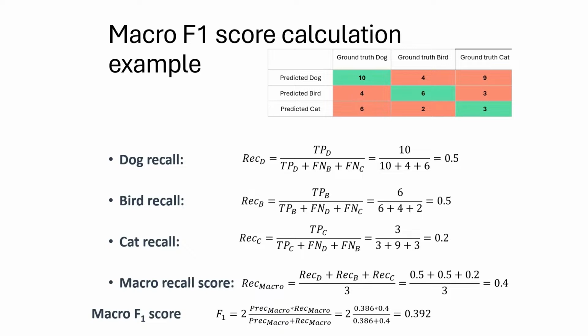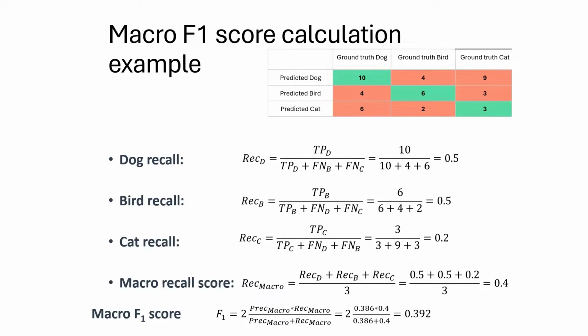So that's the input data in the denominator. In the numerator, it's a true positive from this amount of data. It should be a dot on these pictures, but it indicates a dot only half of the cases. That's a recall. Bird, also 0.5, cat, unfortunately, only 20%.